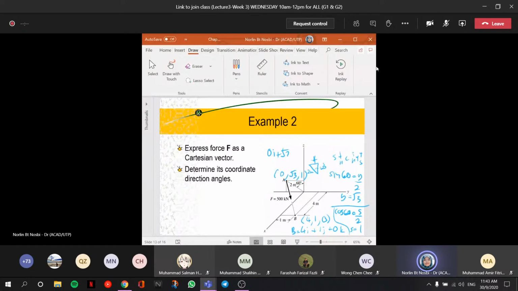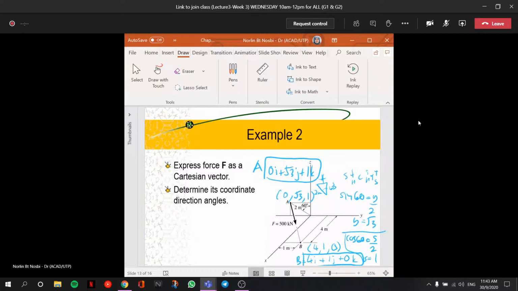You need to find the resultant vector. So the resultant is B minus A. If you subtract, 4 minus 0, you will get r_AB equals 4 minus 0 i, plus 1 minus root 3 for j, and then 0 minus 1 k. So you will get 4i plus 2.732j, then minus 1k.